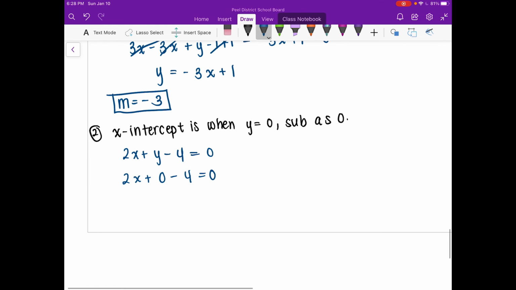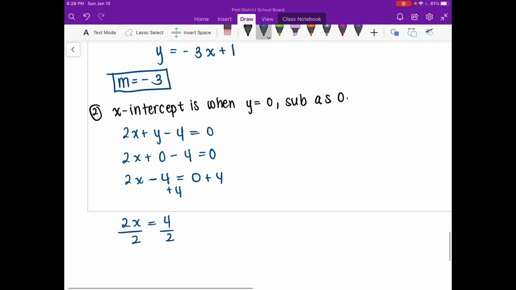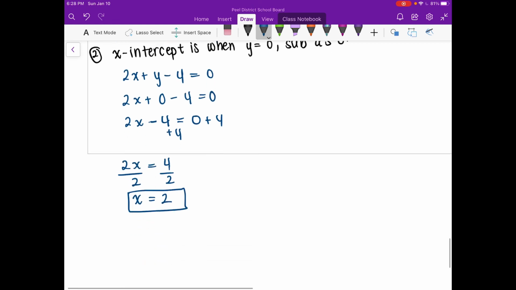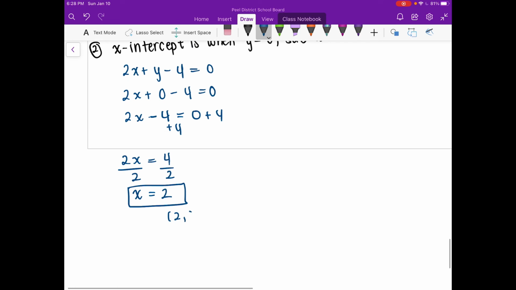And just do the math. 0 minus 4 is just negative 4. I want to get rid of the 4 on this side, so I'm going to add it to both sides. Divided by 2, because I want to get the x by myself. So x is equal to 4 over 2, which is the same thing as saying 2. Right, so my point is going to be 2, 0.